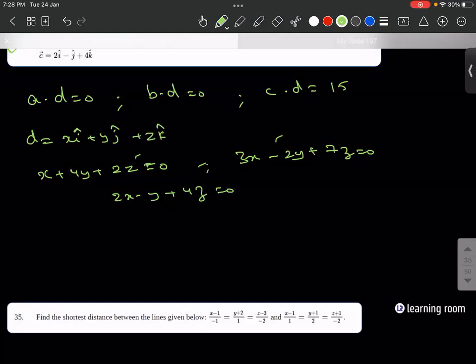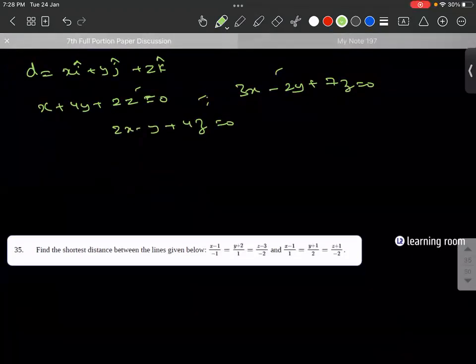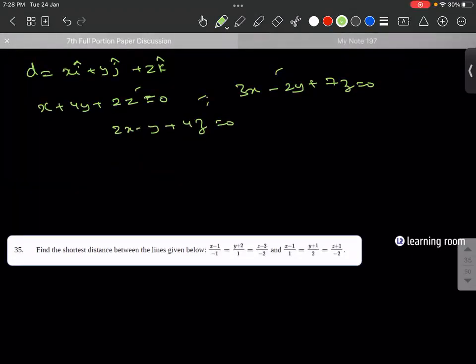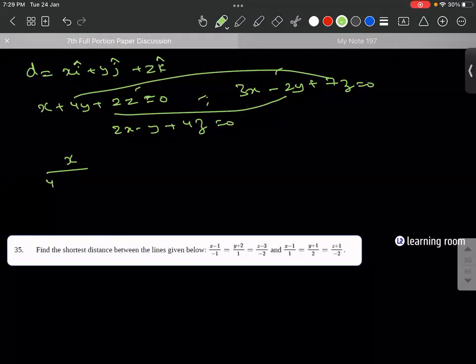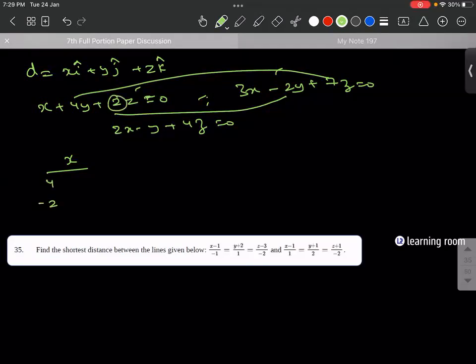So how to solve this? There is a method that you can use to solve. You write that cross multiplication: x divided by 4 into 7 minus 2 into 2. So basically what you do is 4, minus 2, 2 and 7, you will write it like this, is equal to y divided by, you leave the y coefficients.